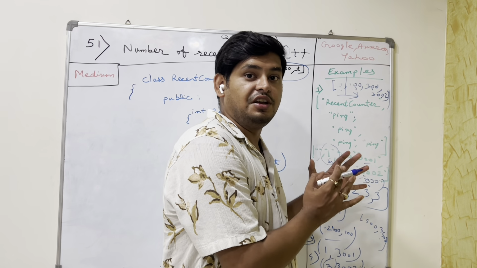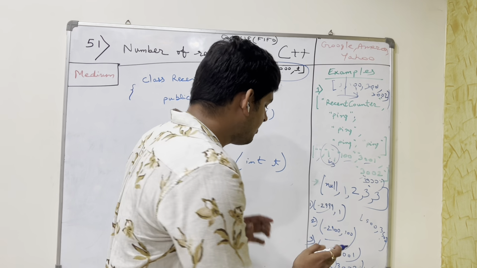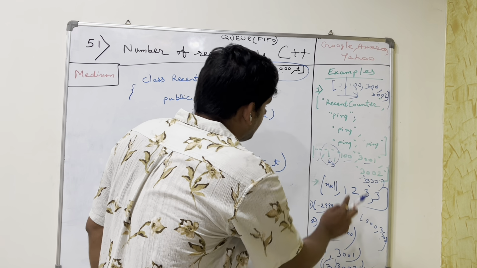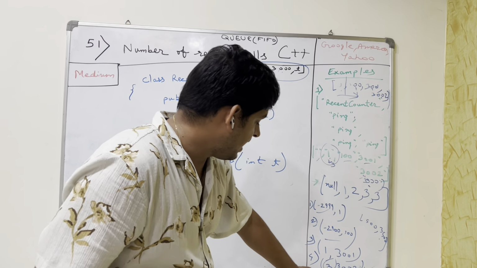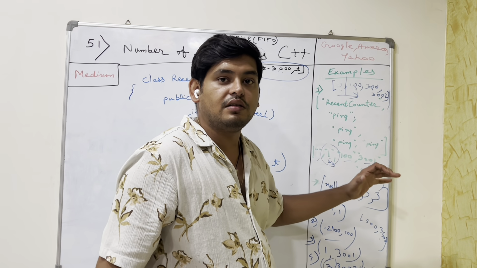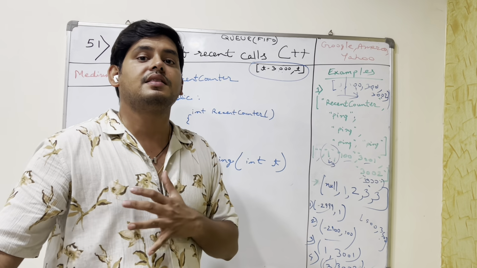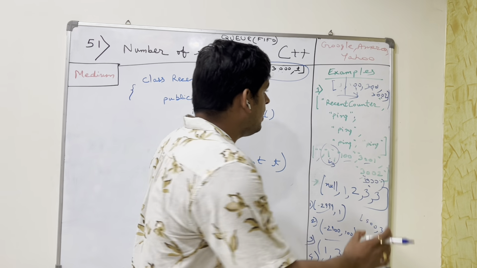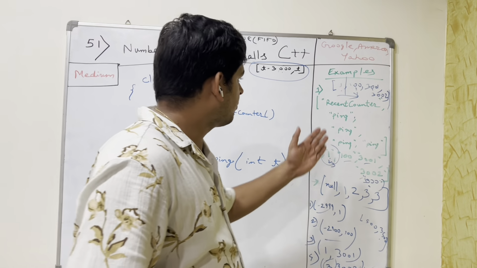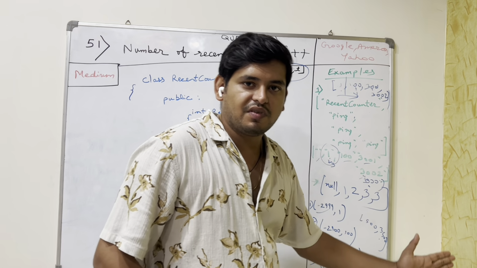What is the first? If it is not required, like in this one, we know this is not, 1 was equal to this, but here 2 was there. So after that, anything after 3002 would come greater than 3002, right? So we don't need to check this previous value again, because that won't be included, because the time frame is increasing.